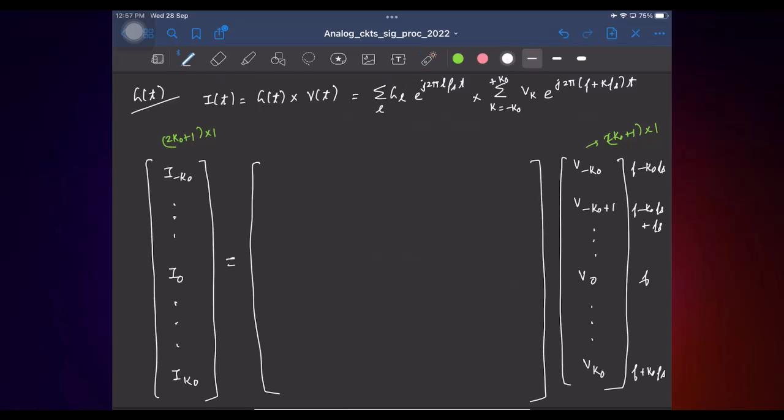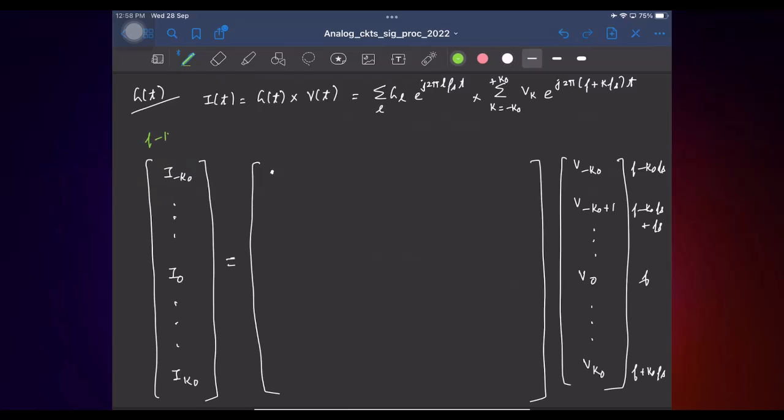Let's say we are interested in the first term here. This first term multiplies V minus k0, and in the first row we are interested in finding the strength of the current at what frequency? I minus k0, the strength of the current at what frequency? Write in a different color.